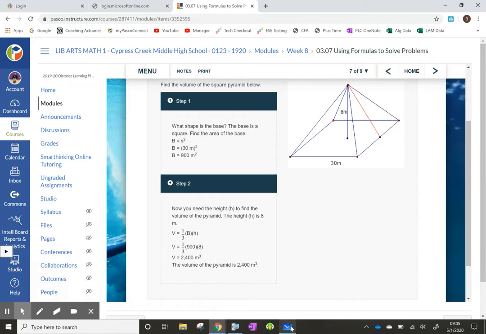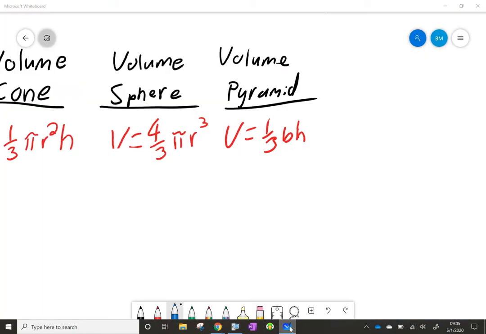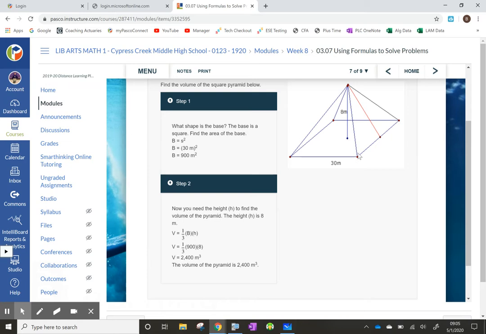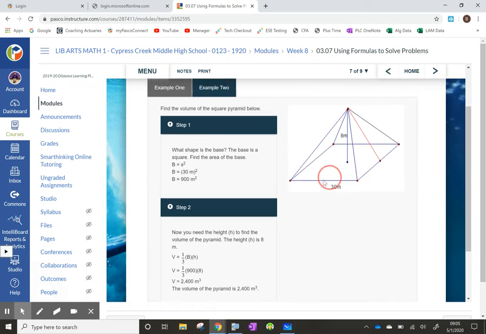The base is an area. So let's change the formula to base squared. It's kind of like the length or width. You can see that in this picture, the pyramid has a base length of 30. It's a square pyramid, of course, so all sides of the base are 30.